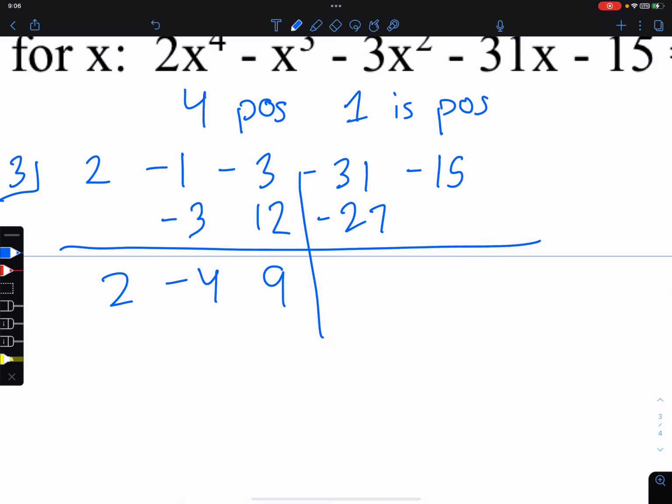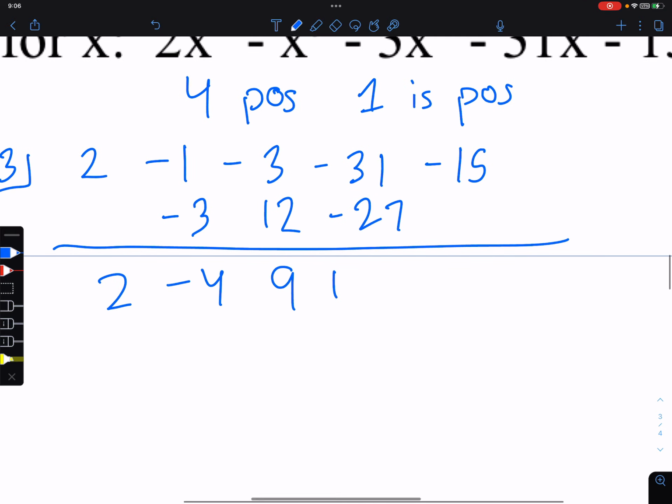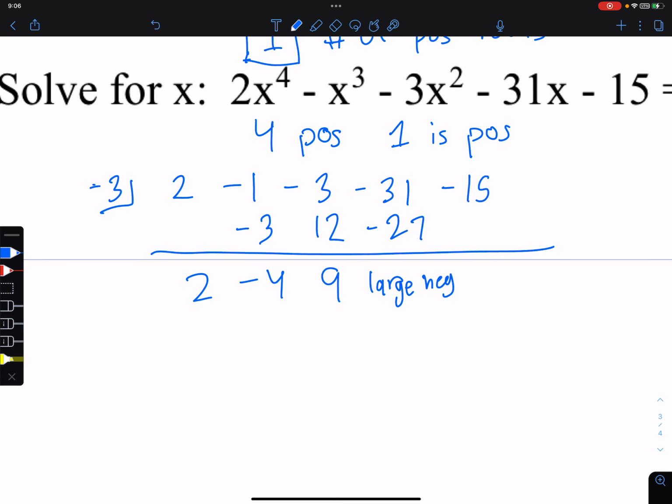Here, I stop, because if you think about it, this will be a large negative, and then multiply that by 3, we get a large positive that overpowers the -15. So we still get a large positive, and this does not equal 0, so it's not a root.